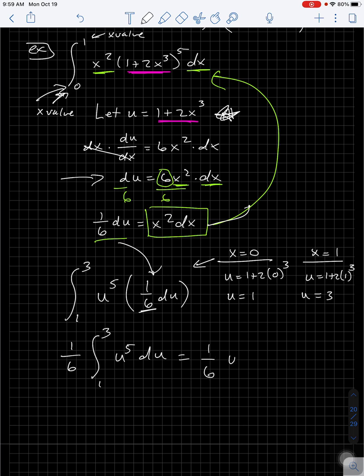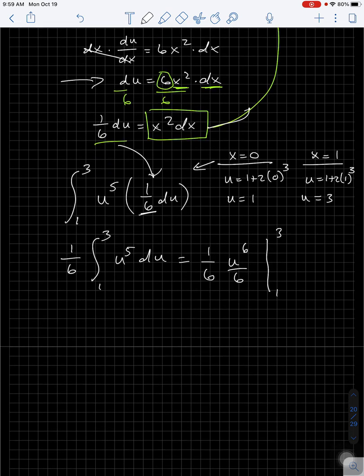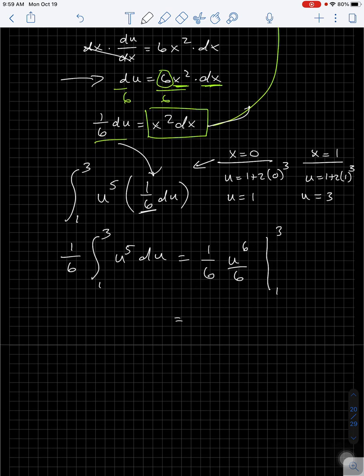Now we do our integration. The 1/6 comes along for the ride. The u increases in power, divide by the same power. Now, because there's numbers here, I don't need a plus c, just like in the previous section, but I'm going to evaluate from 1 to 3. And the cool thing about this is that because I put everything in terms of u, I don't actually have to substitute back in for x. So I can just go ahead and plug in.